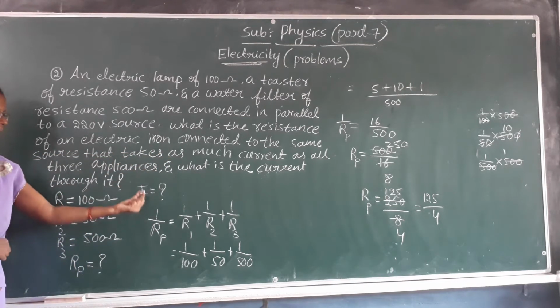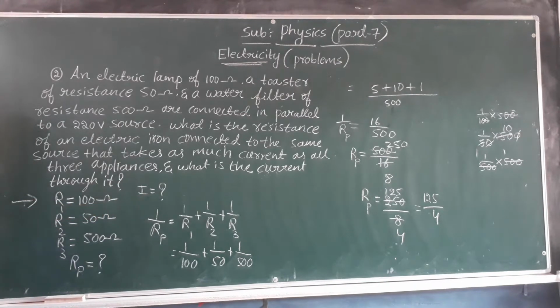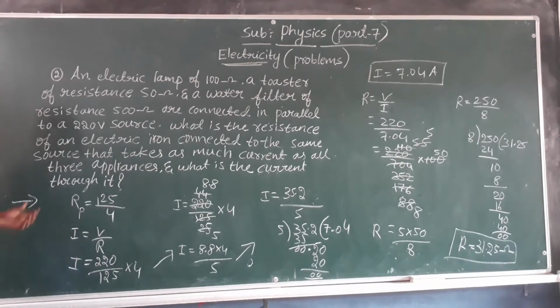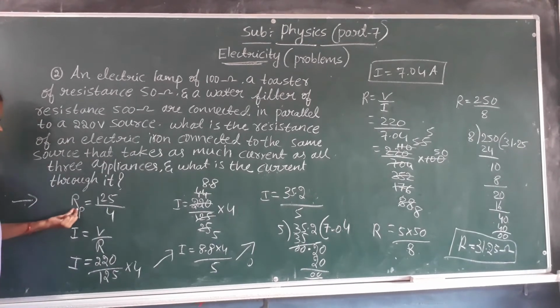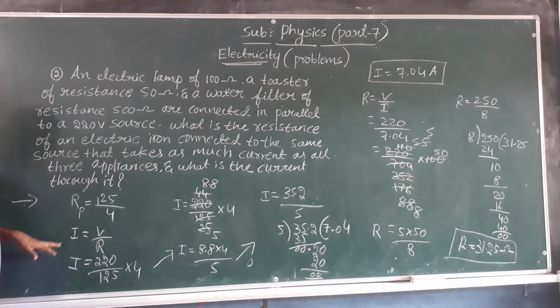Now we have to calculate the value of I. We know that I is equal to V by R. So V here, the voltage, is given as 220 volt. R we calculated, that is 125 divided by 4.